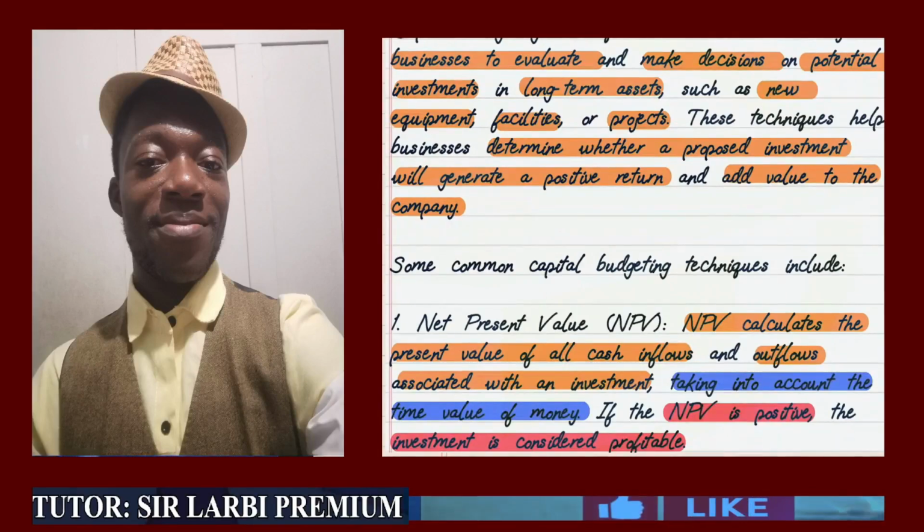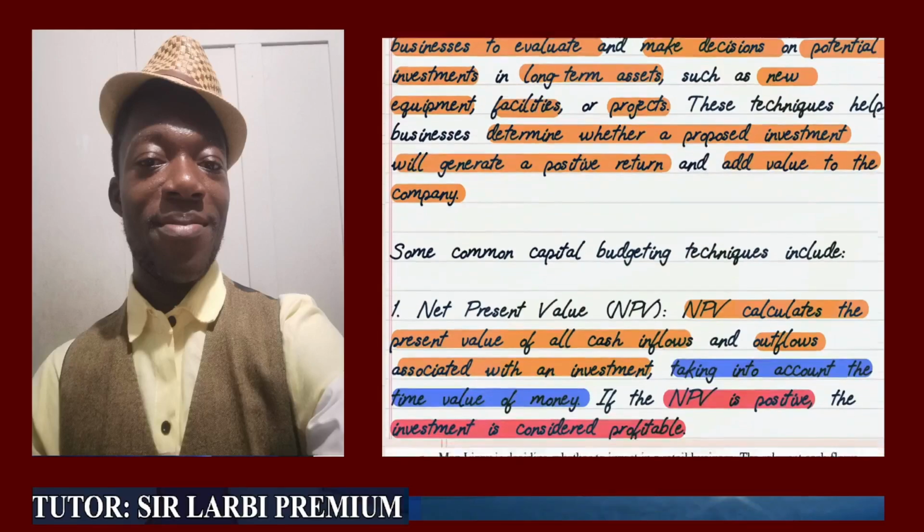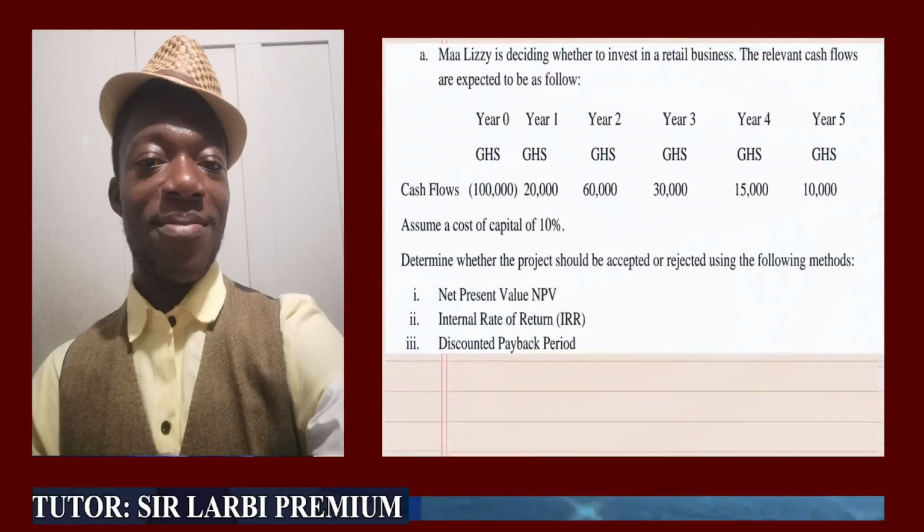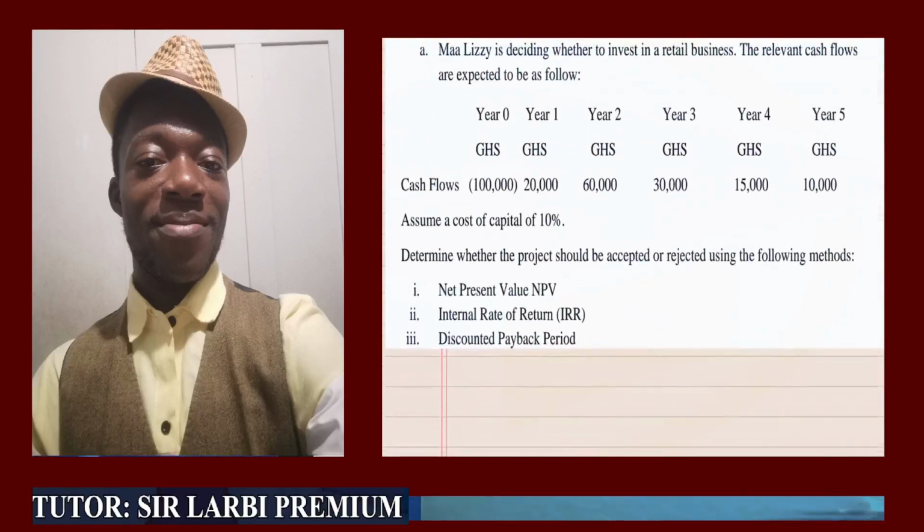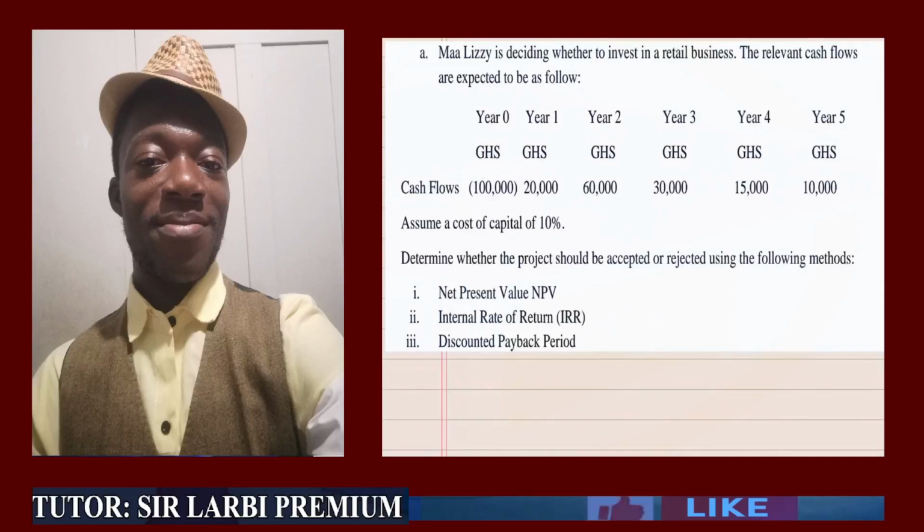Having gotten that, let's take an example to clarify it. Mami Lizzie is deciding whether to invest in a retail business. The relevant cash flows are expected to be as follows. We have the initial cash flow, which is the total cost of the investment, the original amount.